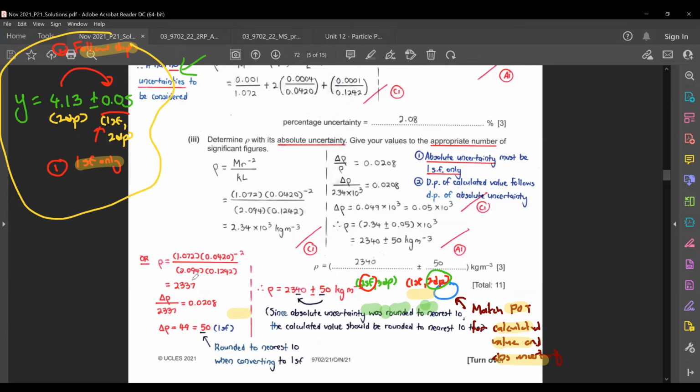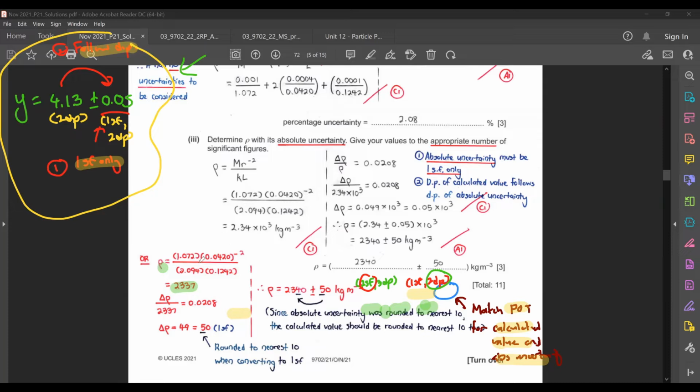Density I know is 2337. This one I don't write it in terms of power of 10. I just write it as it is. Okay, density is 2337. I don't write it like the form I have here. This one I don't write it with power of 10. This one I don't write it with any decimal places. Then after that, I proceed to find out the absolute uncertainty. Delta rho over 2337 times 0.0208.